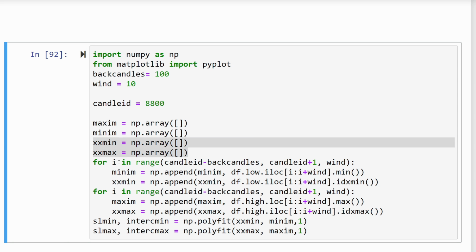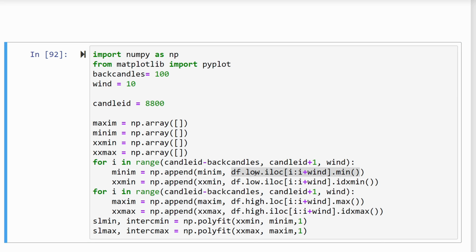Then, for i in range between the candle ID minus the back candles, so we are starting from the first candle, up to the candle ID plus 1, so we can include the present candle in our computation, and with a step equal to the width of the window, we're going to append into the minimum array these values defined here.